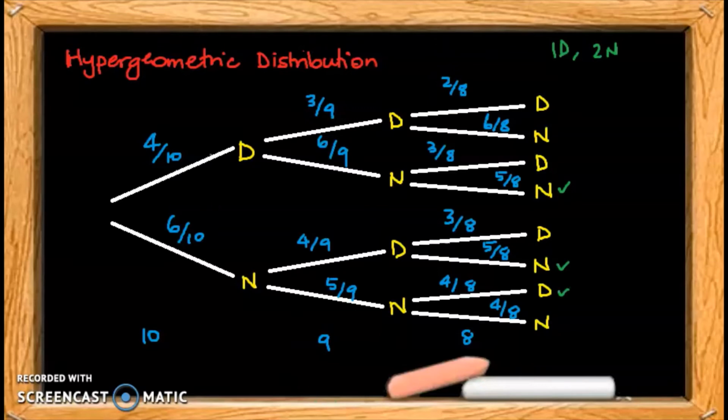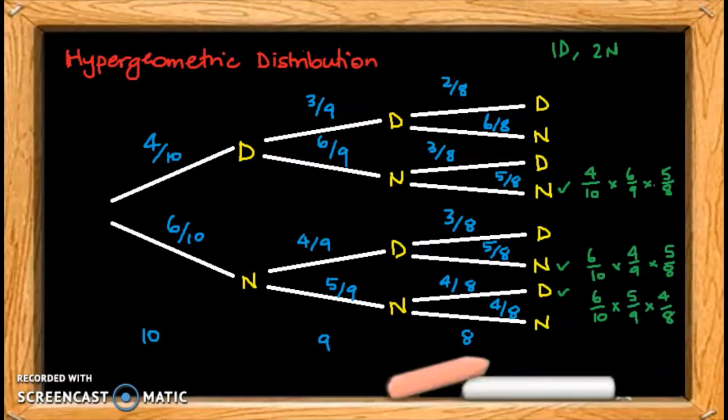I can also see when I look at each individual probability that this path has 4/10 times 6/9 times 5/8. This path has 6/10 times 4/9 and 5/8. And this path has 6/10, 5/9 and 4/8.